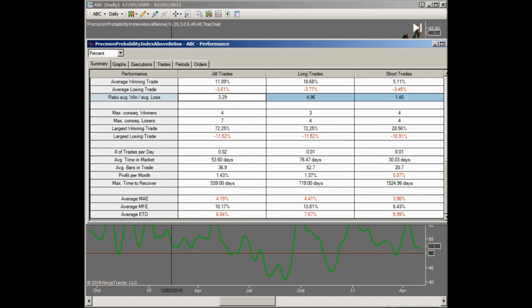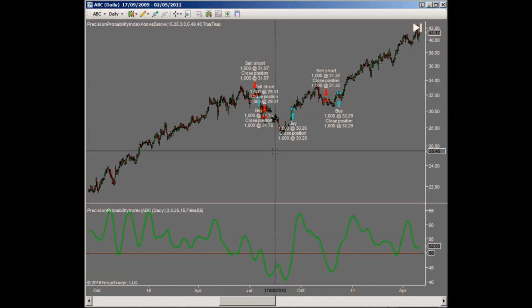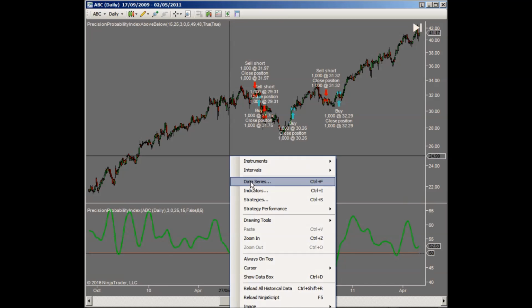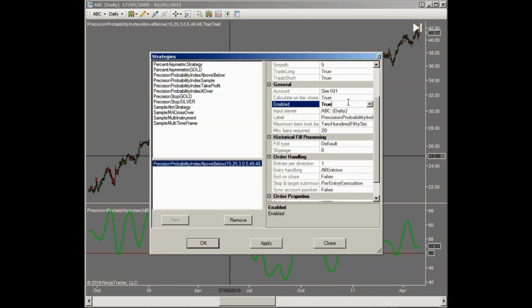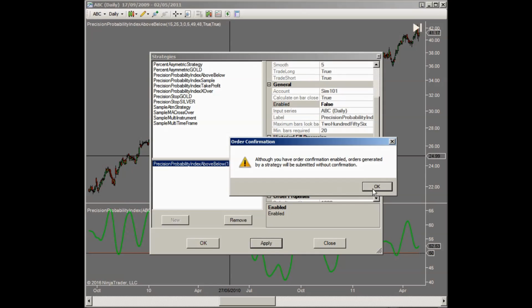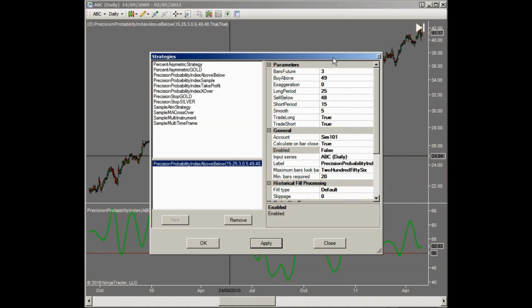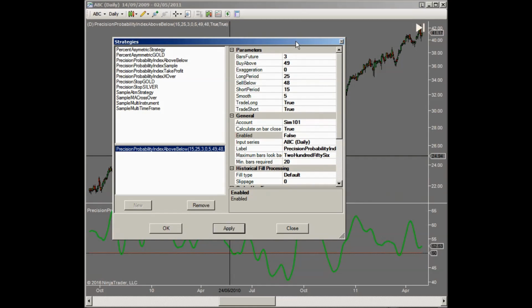So we're going to just change this again just to show you what you can do. And make it even lower. So this time it's going to be 46 and 44.